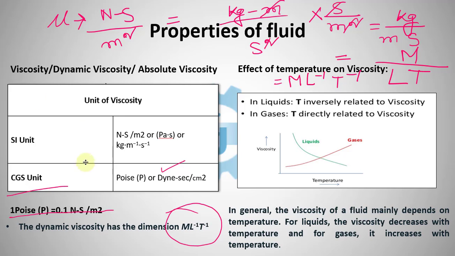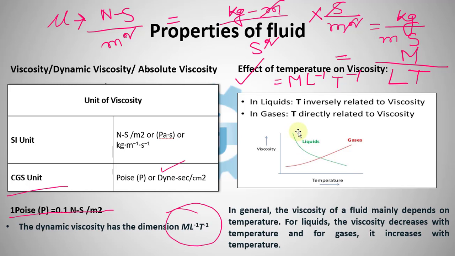Now, the next topic is the effect of temperature on viscosity. So what is the effect of temperature? Here you can see this is temperature and this is viscosity. In case of liquid, what happens? The viscosity decreases with temperature.